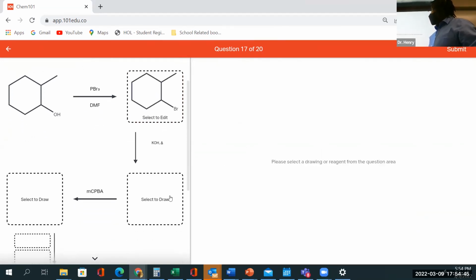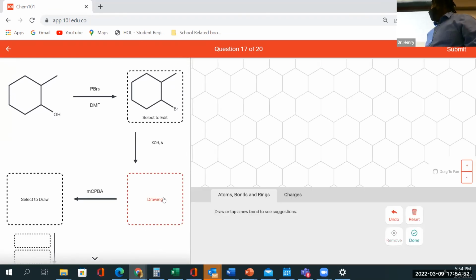Okay, now we're adding a strong base, basic conditions, and heat. So if we have a halide, we add a strong base and heat to it, what happens? An alkyl halide.